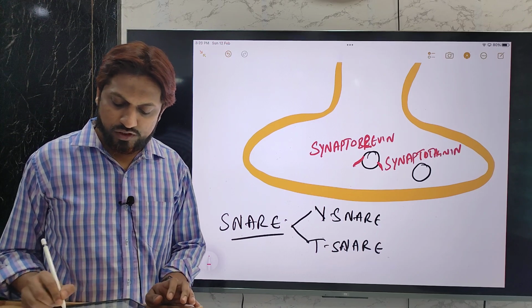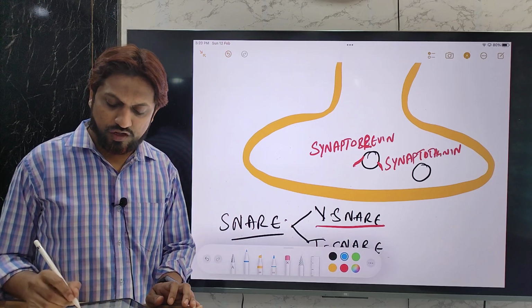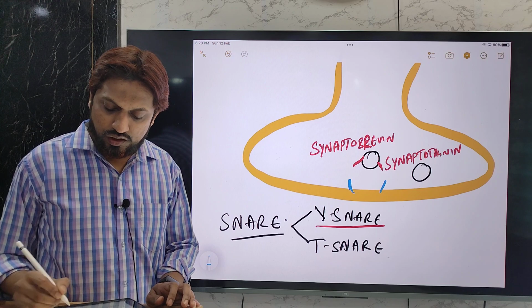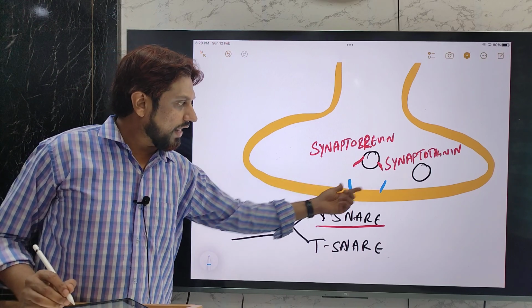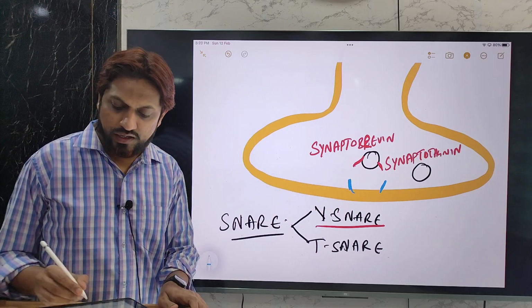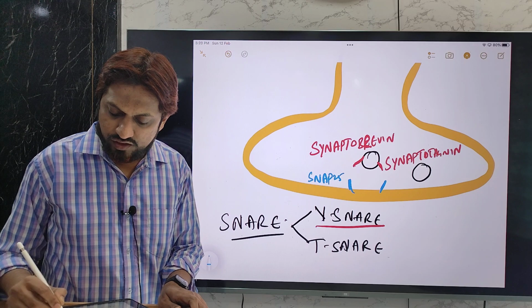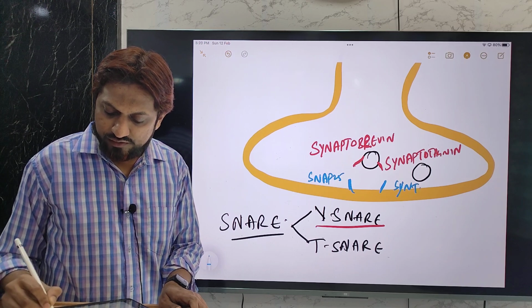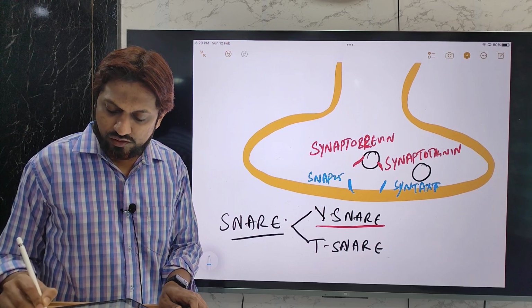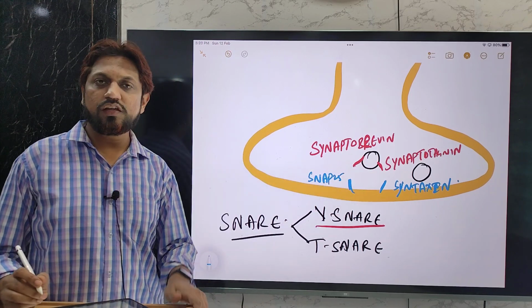These are the V-SNARE proteins. Also there are T-SNARE proteins which are present on the membrane of this neuronal ending. These proteins are SNAP25 and syntaxin.